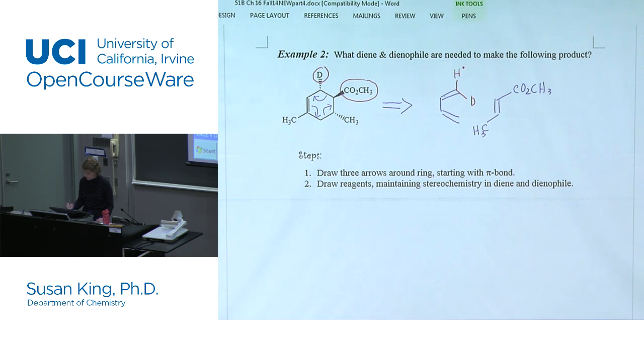And the methyl isn't on the end. That's just going to be right here. So let's make sure we put that in the right place. 1, 2, 3. Because I messed this up in discussion, I don't want to mess it up here. Okay. So those would be the two things that we would combine to make that product. Questions on that one? Anybody?